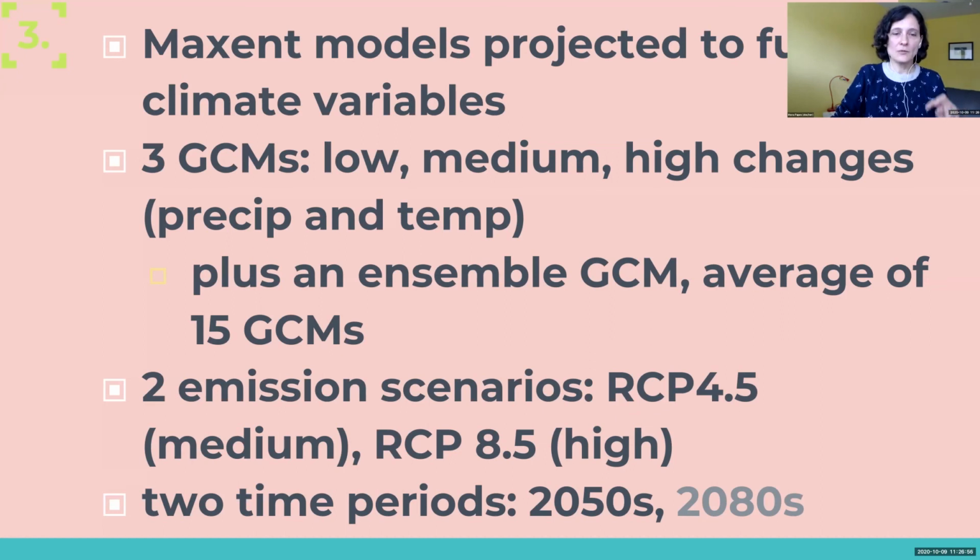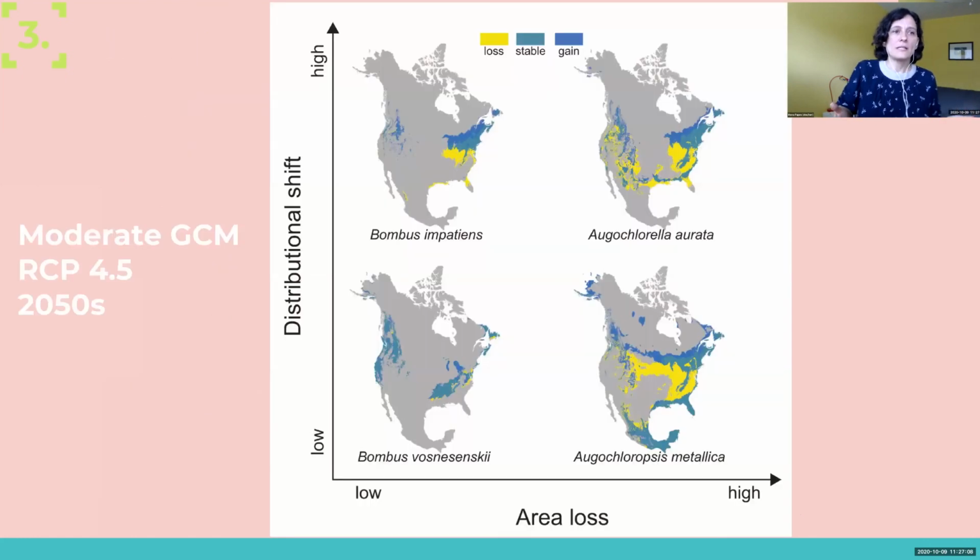And then we used the same 2 greenhouse gas emission scenarios, and the same 2 time periods, but I'm going to show you just 2050 like I did in the previous case study. Here's an example of processed maps that we get out of Maxent.